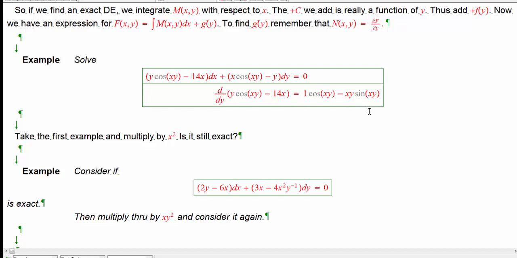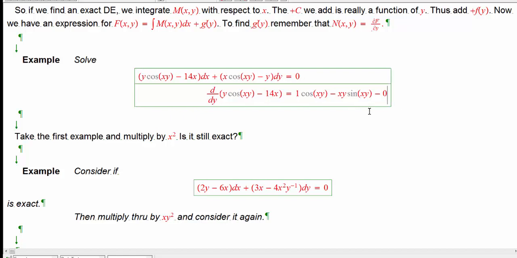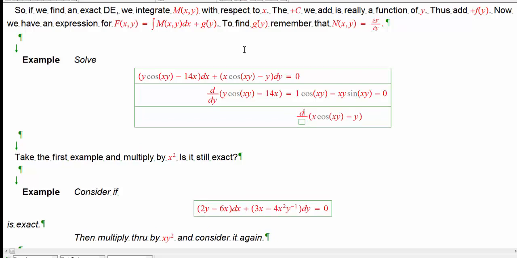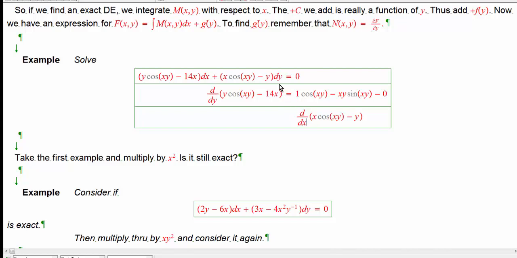And the derivative of minus 14x with respect to y is 0. Next, I need to take the function that's been differentiated with respect to y, because it has the dy on it, and differentiate it with respect to x and see that I get the same thing.